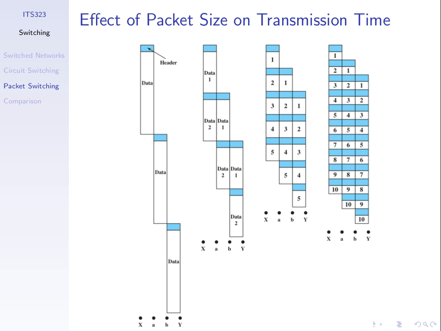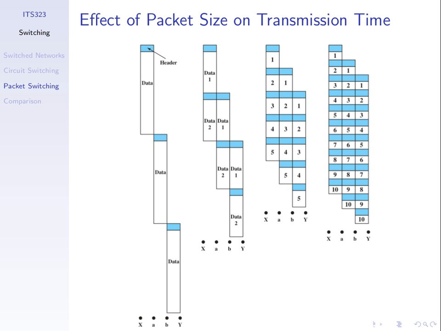We don't have to wait. Because we've got 2 packets, we can be receiving one and transmitting the previous one across the next link. So we save some time here. And same at this point. So using multiple packets helps in this case.